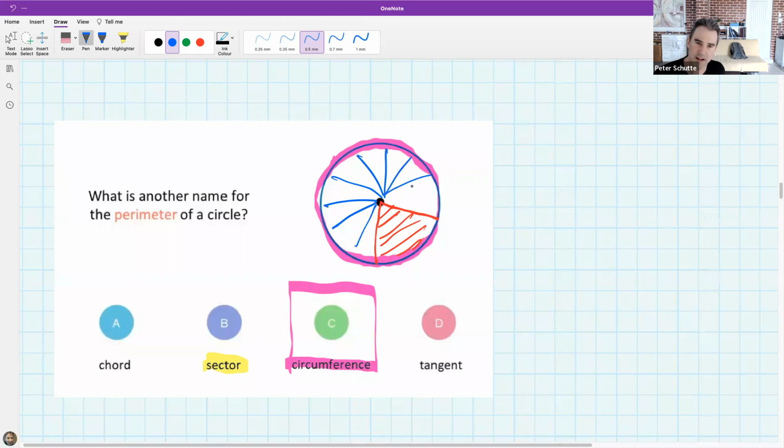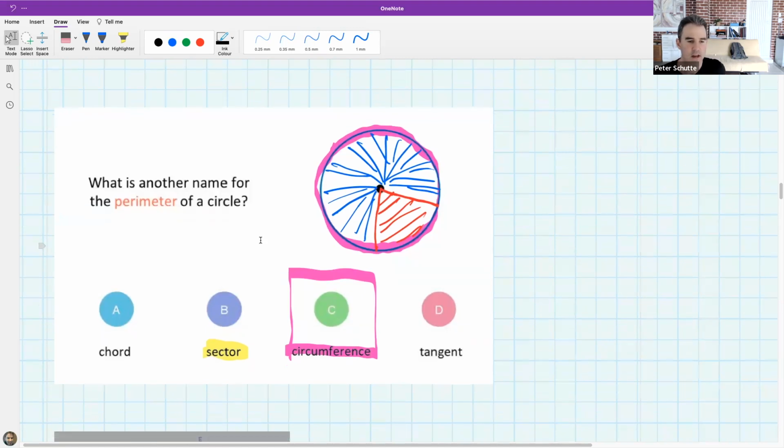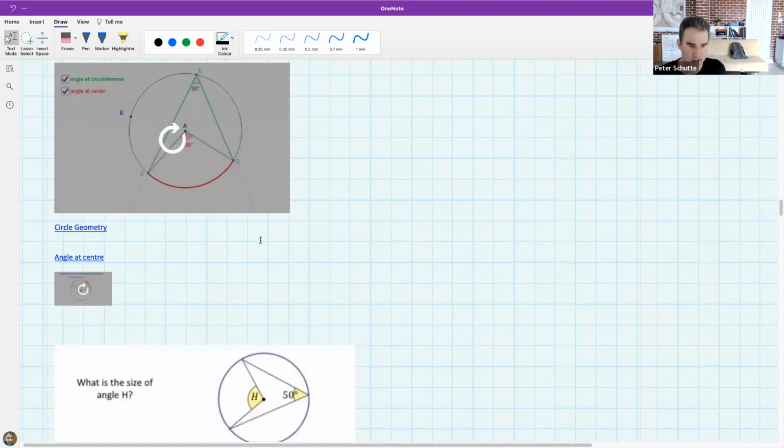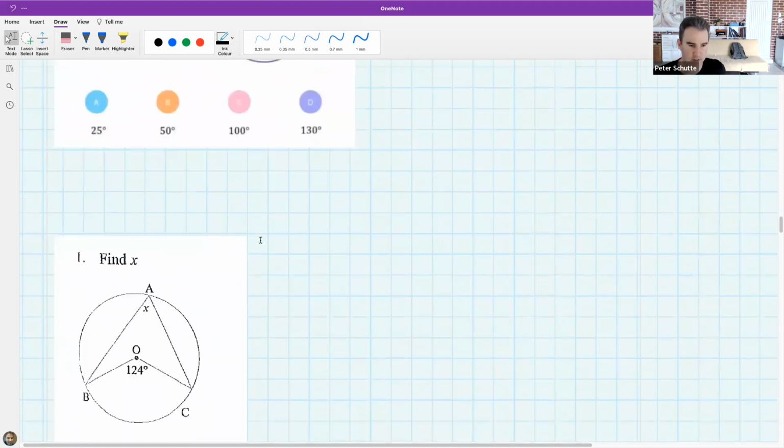I also sometimes think about sectors like an orange, like a sector of an orange. And so a sector is like a piece of pizza or a piece of the orange. And that's another word that comes up in circles sometimes. Let's do one more. Oh, we can't do that yet.